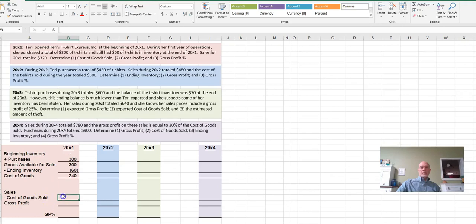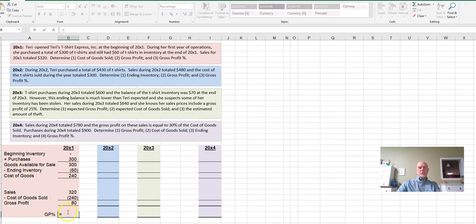That $240 comes down here, and we're going to subtract that cost of goods sold from whatever our sales is. It says in the paragraph that sales for 20x1 total $320. So $320 is our sales, subtract $240, and we would have a gross profit, a difference there of $80, and our gross profit percentage would be 80 divided by 320, and so that's going to be a fourth.